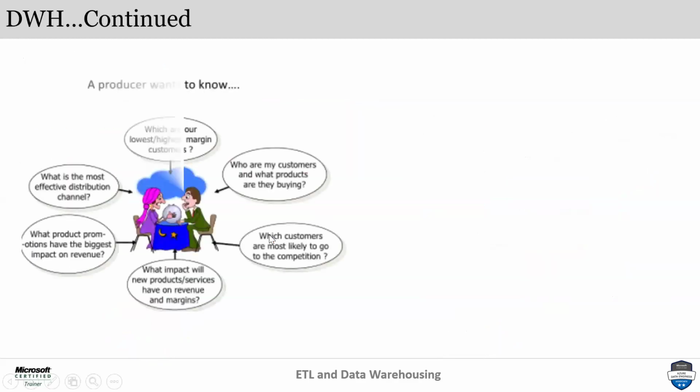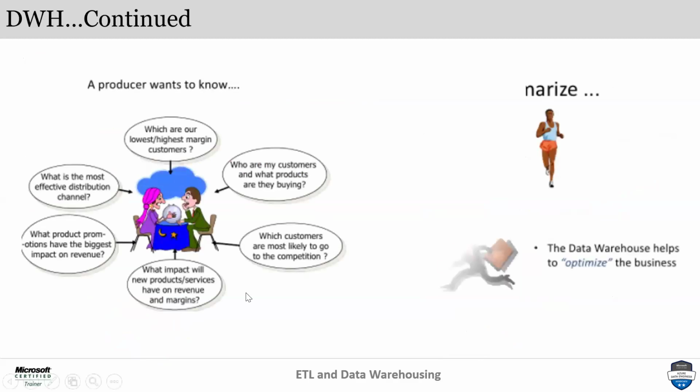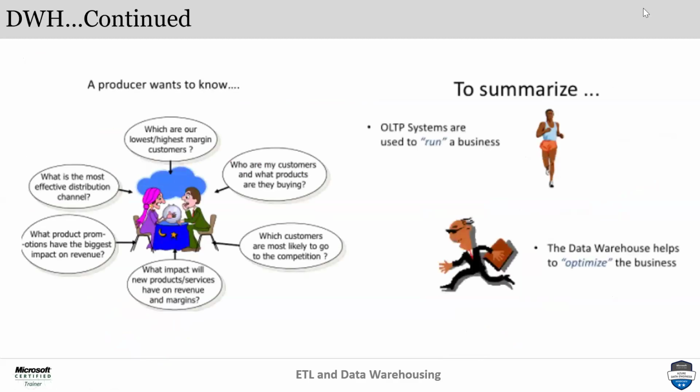If I summarize simply: OLTP, where day-to-day transactions happen in the backend database, is used to run the business, whereas the data warehouse helps to optimize the business. Why does the data warehouse help to optimize the business? We can know more business activity and gaps in the business.